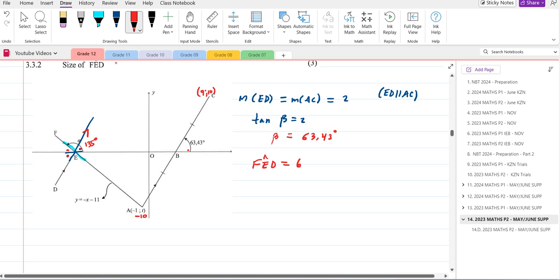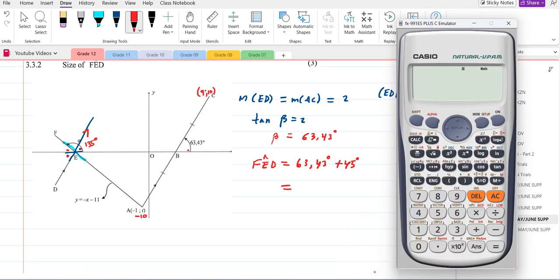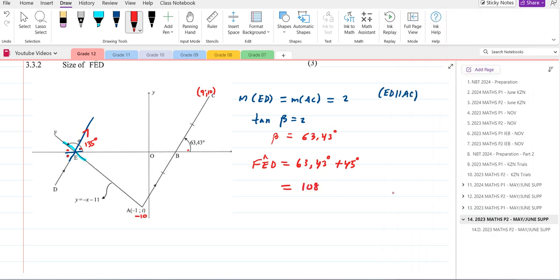So that is 63.43 degrees plus 45 degrees, and let's see what answer we get. 63.43 plus 45, I've got 108.43 degrees. That's the size of FED. I hope you guys are understanding.